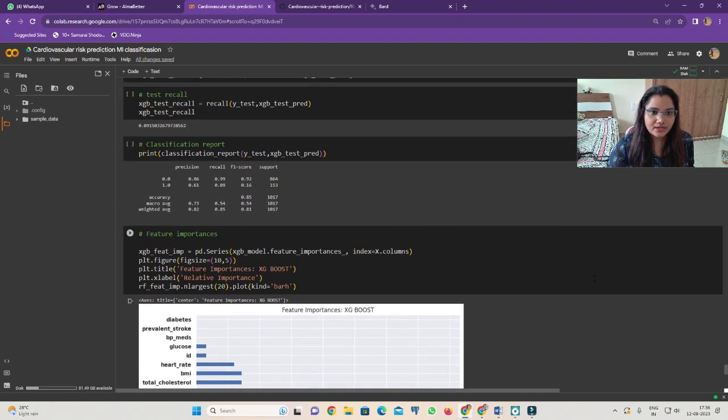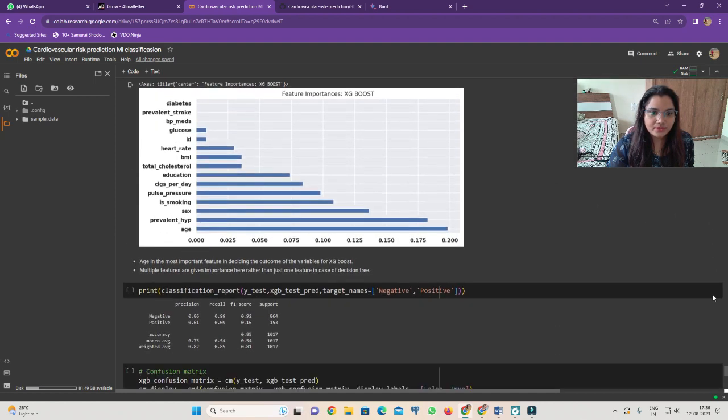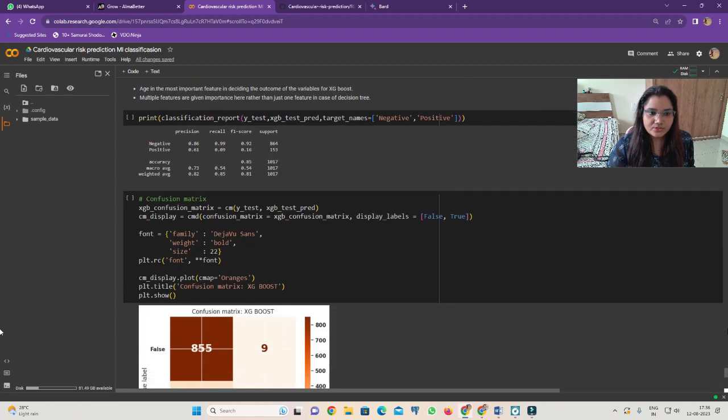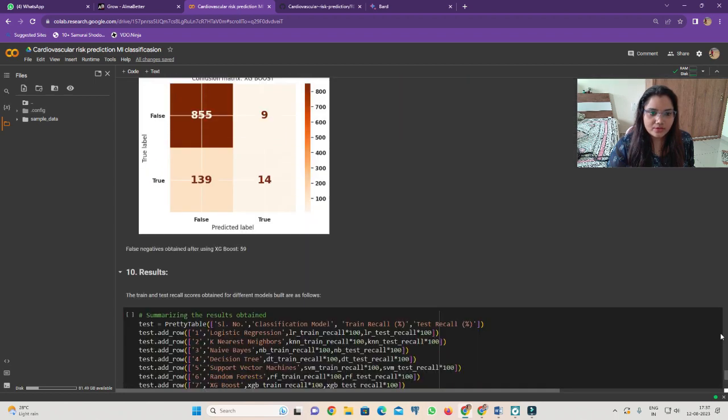So here we get the classification report also. Then the feature importance. Age is the most important feature in deciding the outcome for the XGBoost. Multiple features are given importance rather than just one feature as in case of decision tree. Then we are going for confusion matrix, that we get false negative.